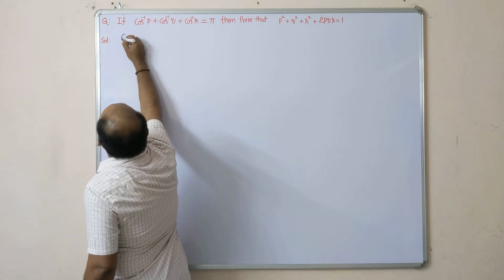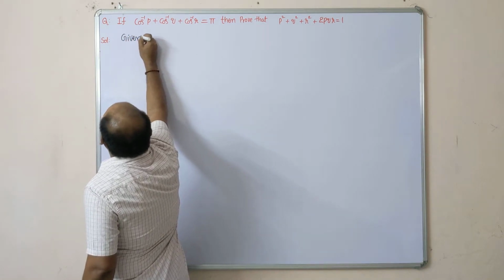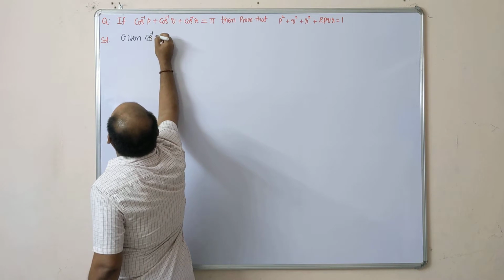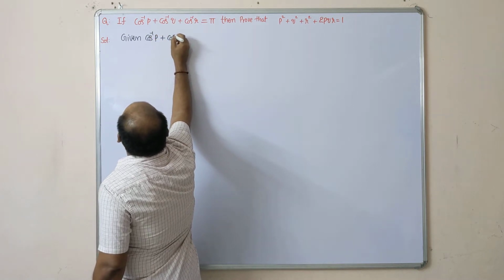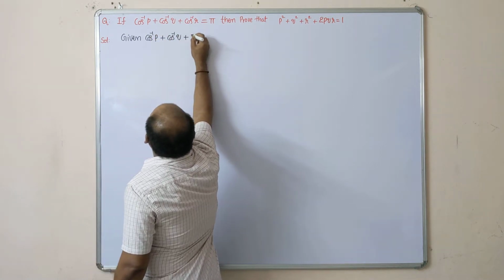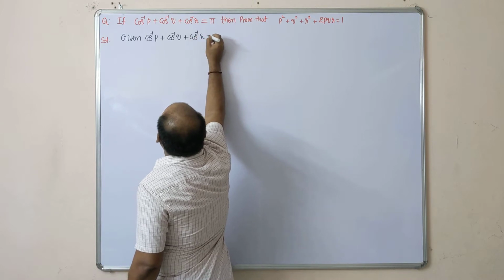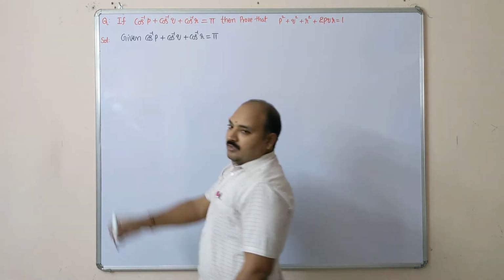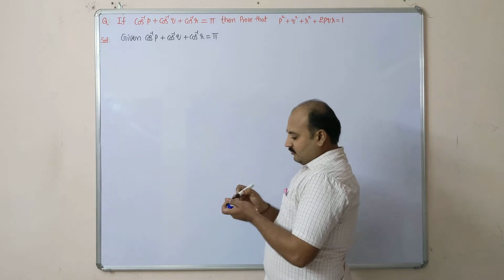First, given: cos inverse of P plus cos inverse of Q plus cos inverse of R is equal to pi.